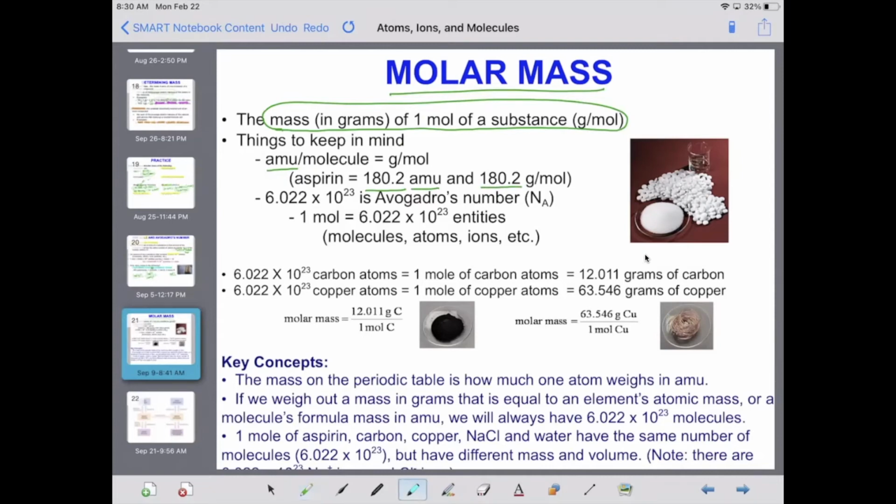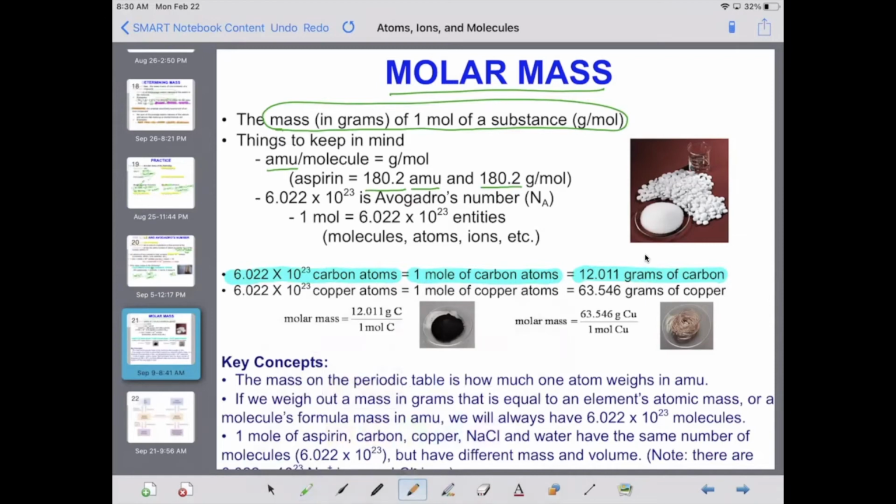We can now talk about the fact that 6.022 times 10 to the 23rd carbon atoms is equal to 1 mole of carbon atoms is equal to 12.011 grams of carbon. So those 3 things are now equal to each other, and we can use any 2 of those for a conversion factor in dimensional analysis.